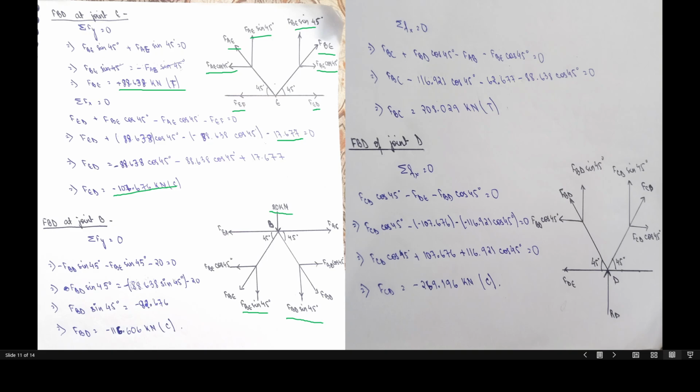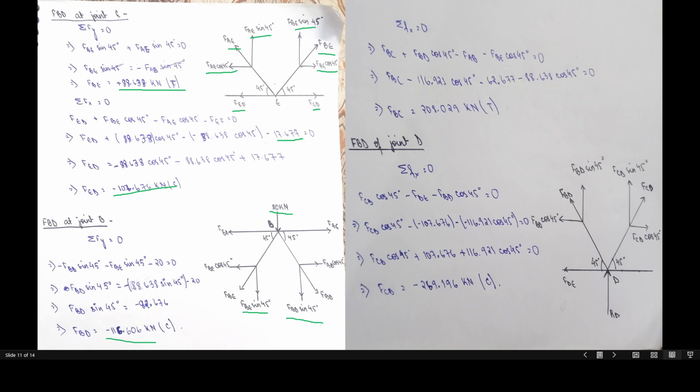Since these are all acting downwards, we'll consider it to be minus. So after solving this, we get the value of FBD as 116.606 kilonewton, and it's negative. So we simply write it's in compression.